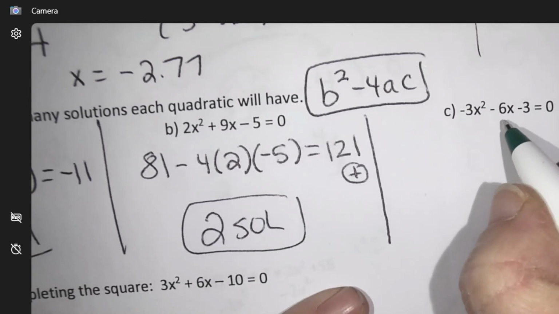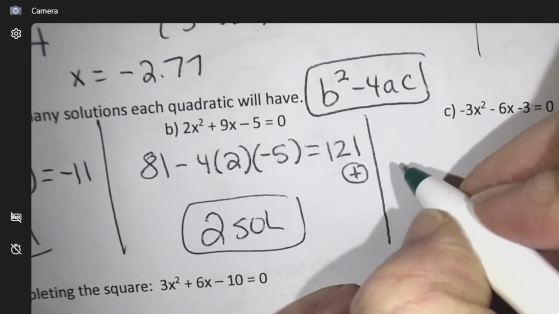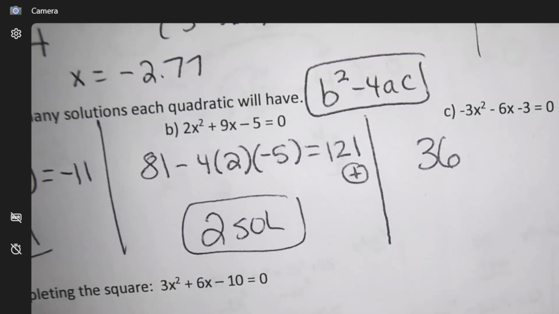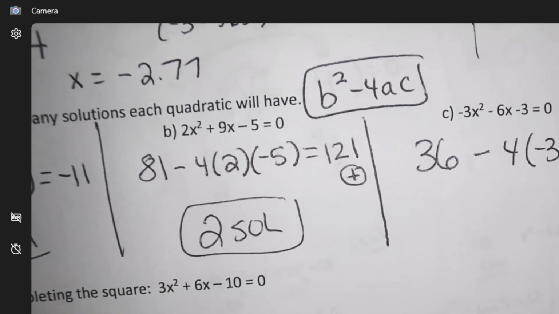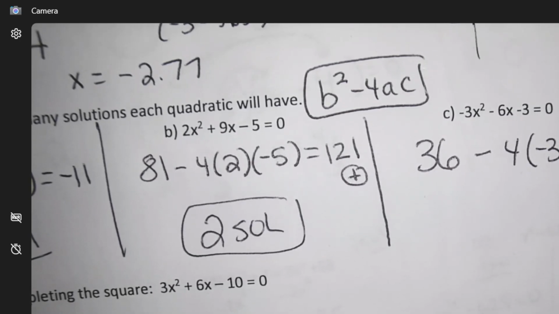And the last one, b squared, so negative 6 times negative 6 makes positive, always positive, minus 4 times negative 3 times negative 3. And that calculates to be 0.